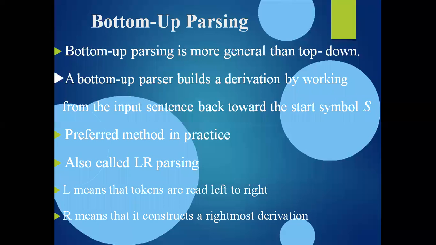And once you compare the definition of bottom up parsing with the definition of top down parsing, there it is from root to leaves. And here in bottom up parsing, we are constructing the parse tree from bottom to up, that is from leaves to root. In this process, the input symbols are placed at the leaf nodes.